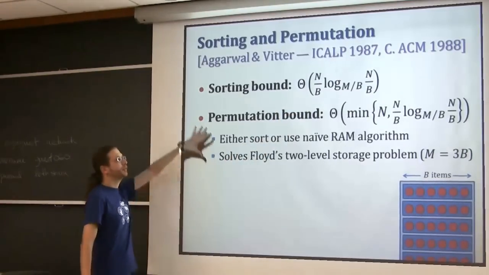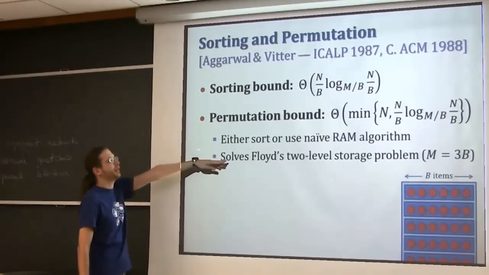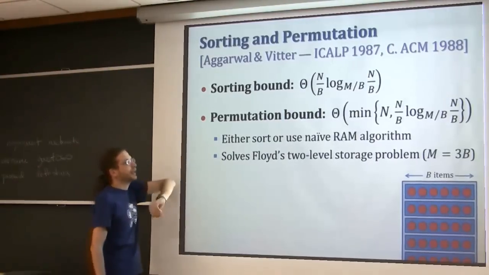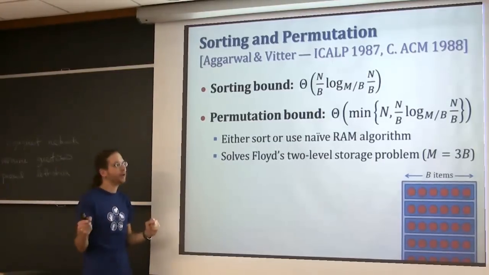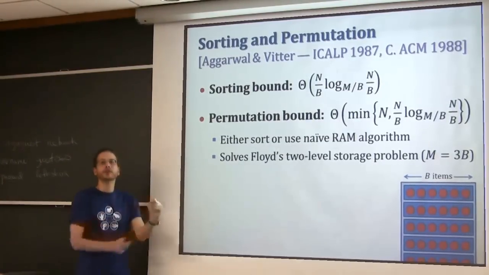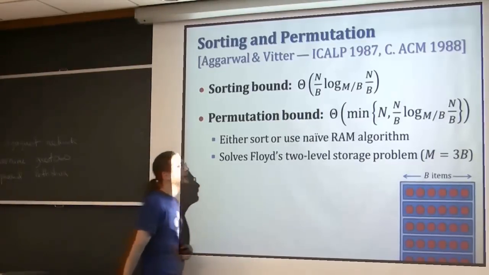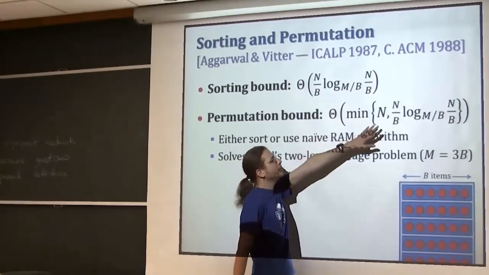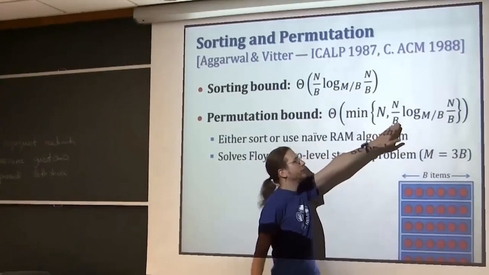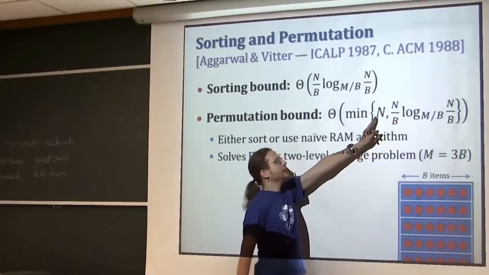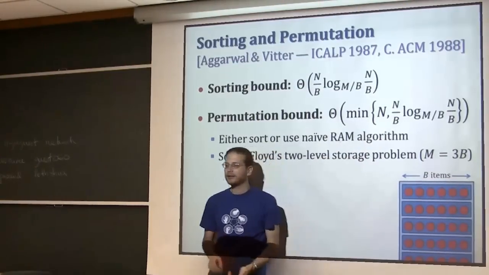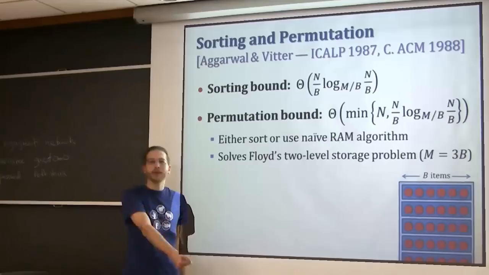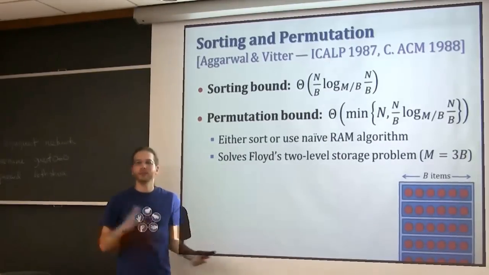To go back to the problem I was talking about with Floyd's model, the permutation problem, I know the permutation, I know where things are supposed to go, I just need to move them there physically. Then it's slightly better. You have the sorting bound, which is essentially what we had before. But in some cases, just doing the naive thing is better. Sometimes it's better to just take every item and stick it where it belongs in completely random access.